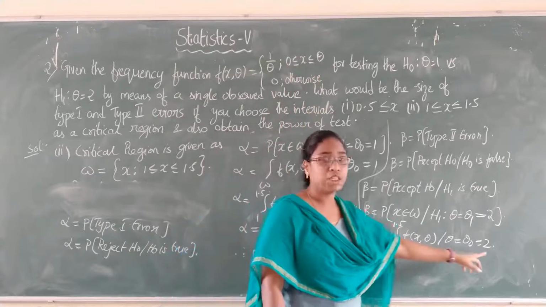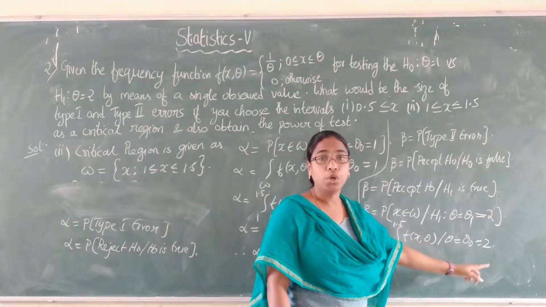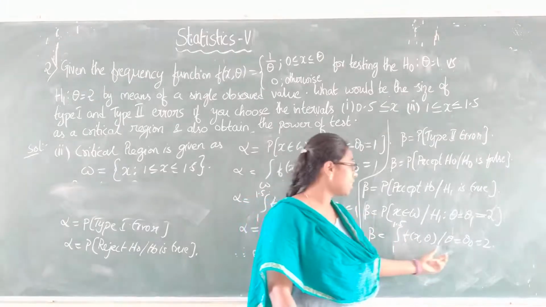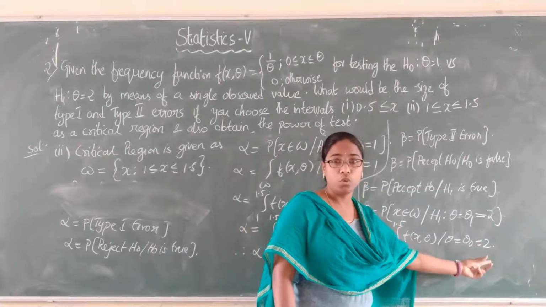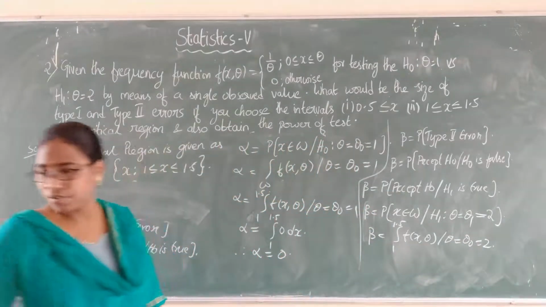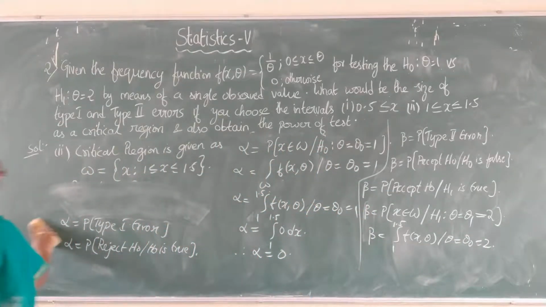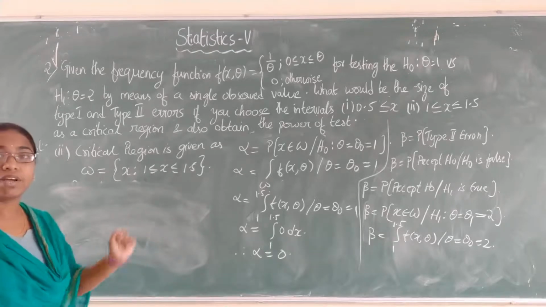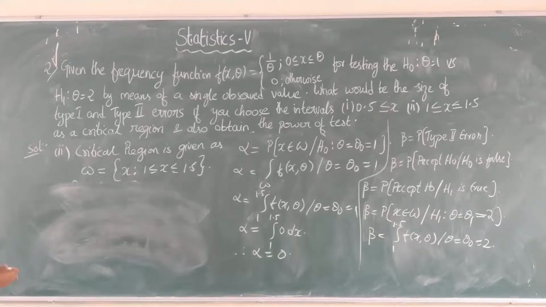Here under H1 what is the theta value? 2. So 1 to 1.5 means it lies between 0 to 2. So you can consider the PDF here. Last time for the alpha, it does not lie between 0 to 1. That's why we took 0. But here theta value is 2 under H1. So since 1 to 1.5 lies between 0 to 2, we consider the PDF.